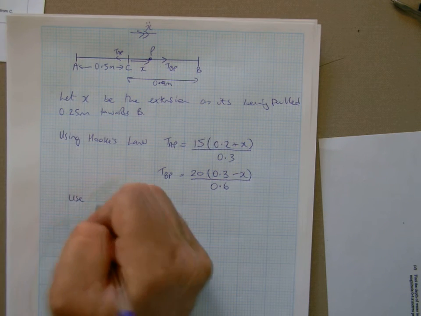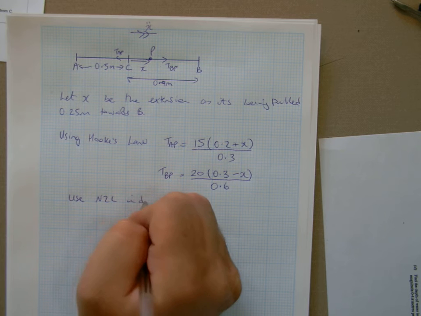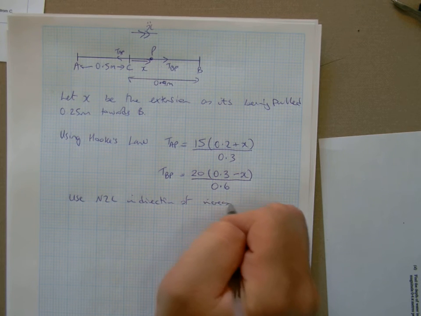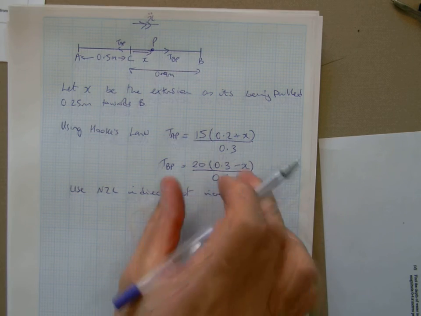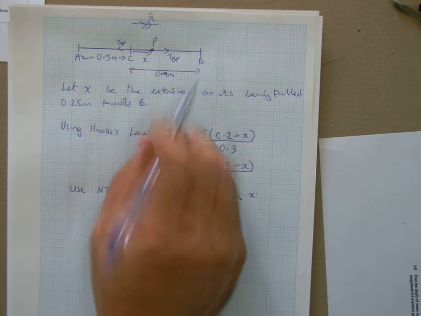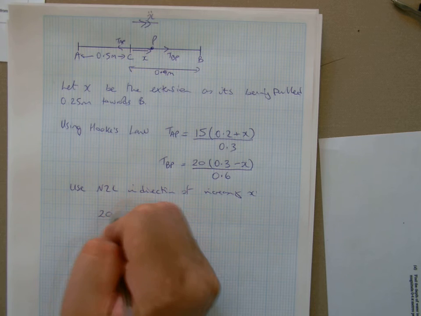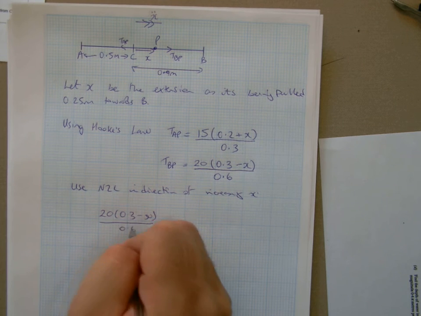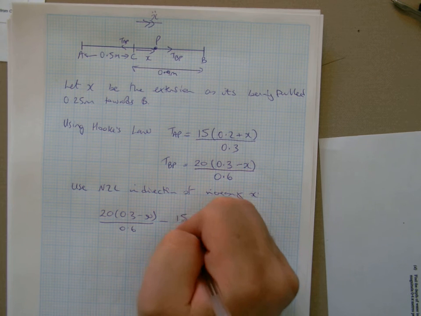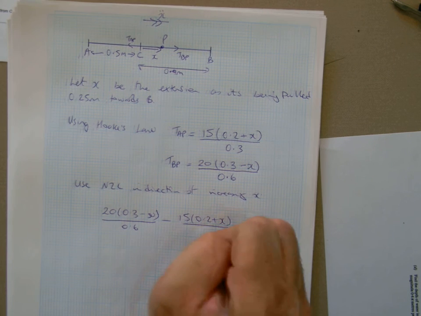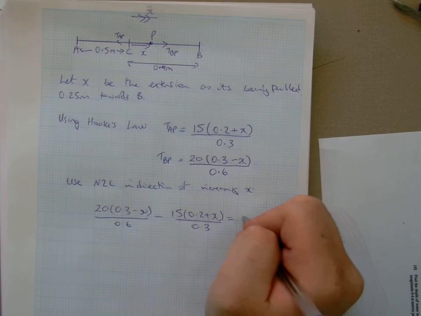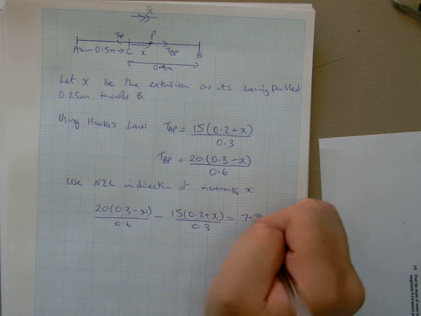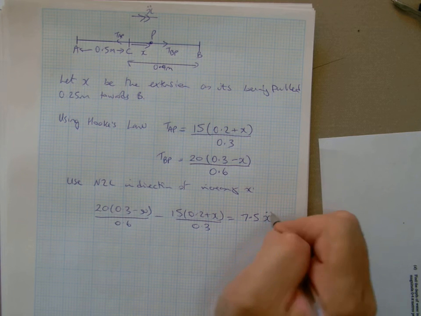Now if we use Newton's second law in the direction of motion, of increasing X, we've got the tension in BP, which is going that way. So we've got 20 times (0.3 minus X) over 0.6, take away the tension AP, equals the mass of P, which is 7.5, times the acceleration, which is X double dot.